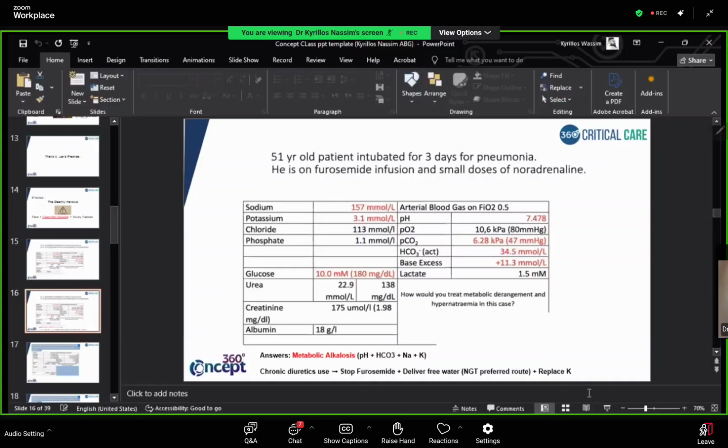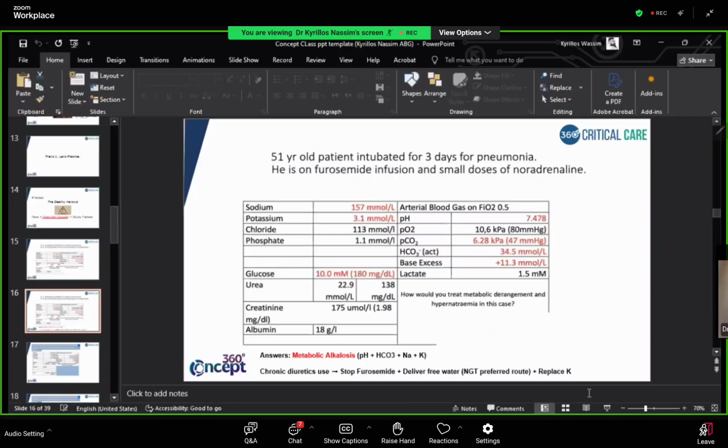Okay. So the answer here would be a metabolic alkalosis. When I look at the pH, it is high. The bicarb is also high. So it is going the same way. It is a metabolic alkalosis. And when I look at the sodium, it is hypernatremia and hypokalemia, which is going for chronic diuretic use. So in every exam, they will not ask you what is happening.